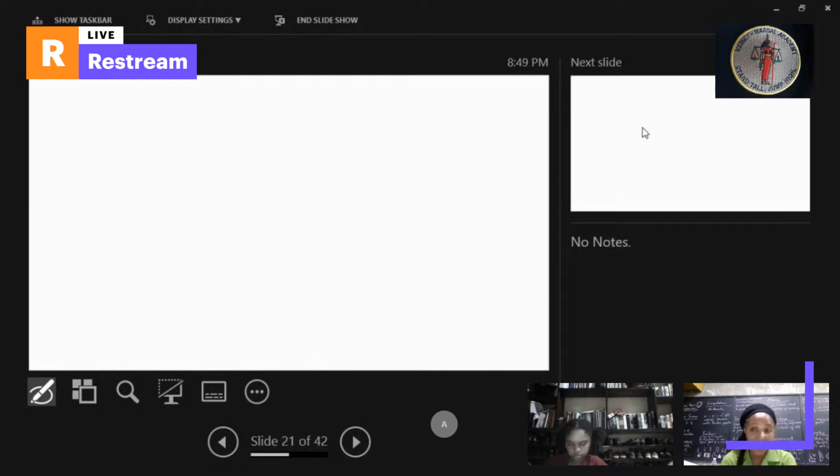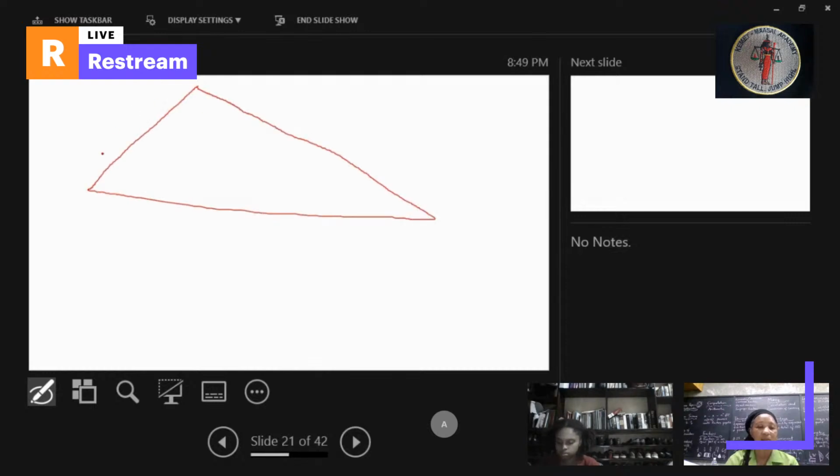So if you know the height, you know the base, or you can easily find the height or the base, most times you're going to be using half base times height, right? Even if it's not a right angle triangle, but you're given the height. So for example, this scalene triangle, you know this length, you know that length.